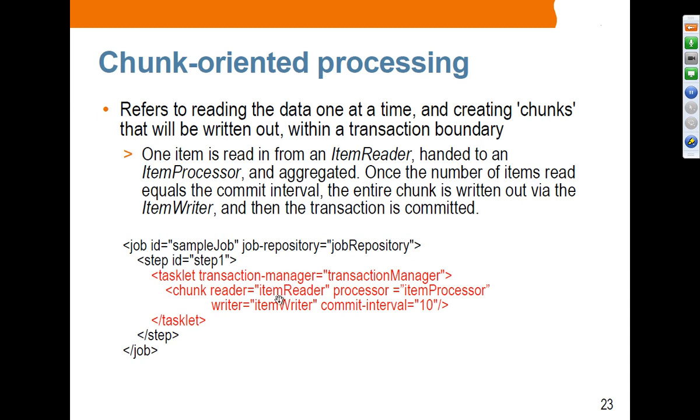So this is a name. Okay, so it doesn't have to be itemReader like this. You can say XYZ. Okay, as long as you have XYZ as the item reader object. Okay. So it's doing item reading using the item reader object, and then it's doing processing using the item processor object, and then it's going to do item writing using the item writer object. And the commit interval of 10 is the size of the chunk. Okay, so whenever you're writing to the item writer in a chunk, that is the size of the chunk.